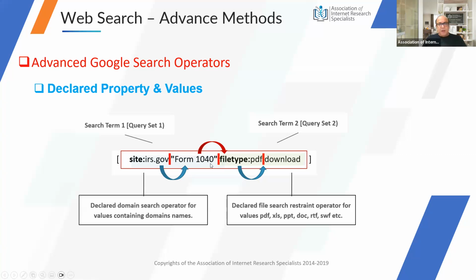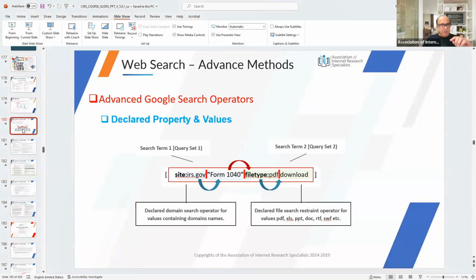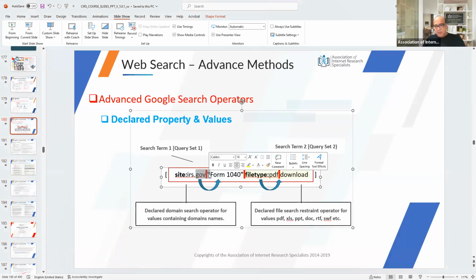So where we take this as an example, it is just showing that if I separate, let's say, irs.gov form 1040. And by the way, this is just indicating the space. I wish I had a better slide, but let me get rid of this. It's just a distraction.